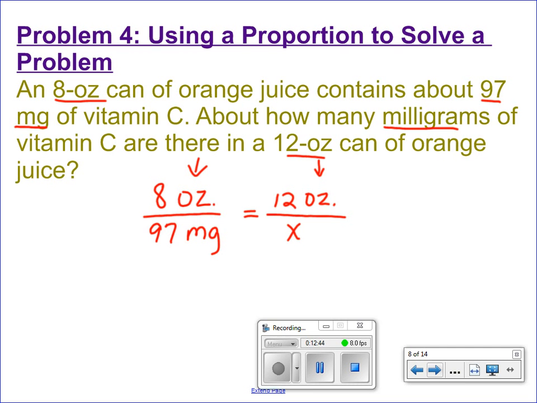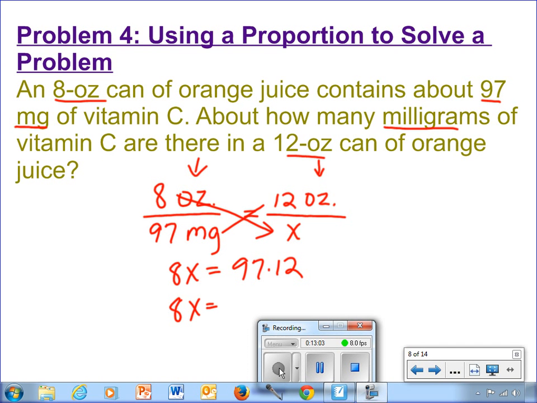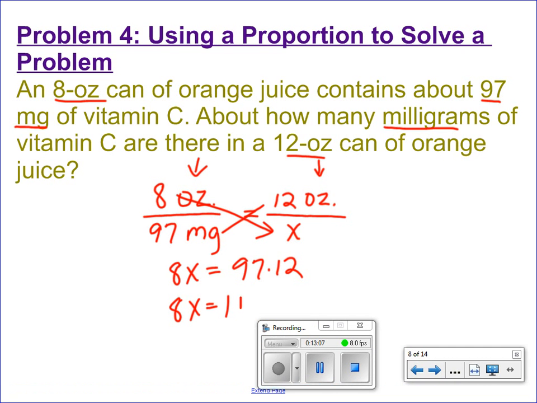All right, let's cross multiply. 8 times X is 8X. On the other side, we have 97 times 12. All right, 97 times 12 is 1,164.